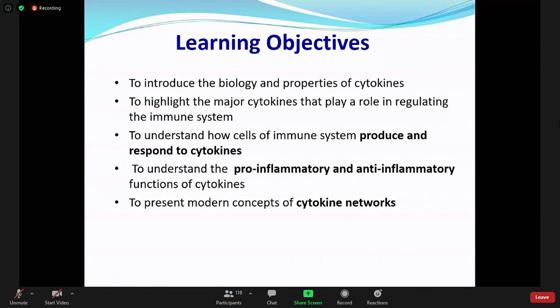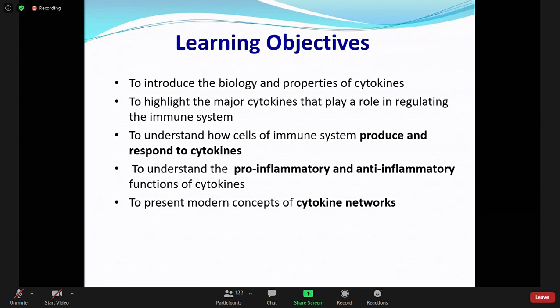Introduce the biology and the properties of cytokines, and try to group the major functional roles of particular cytokines, because there are around 80 of them, so it's impossible to know every single cytokine.